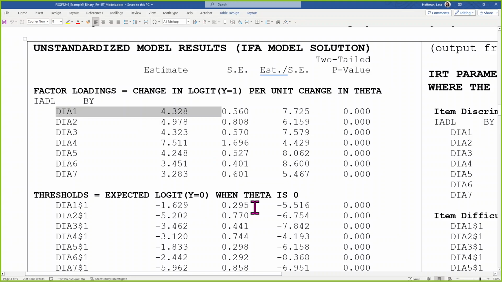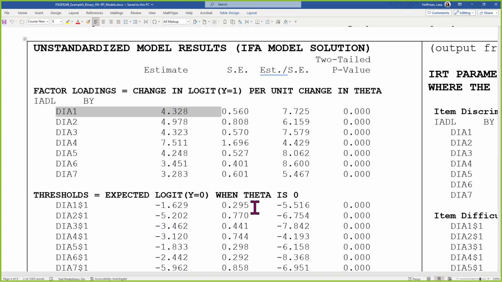4.328 for item 1. That's a factor loading. Tell me what it means, please. As the factor increases by 1, DI1 goes up by 4 point whatever units. In logits, yes.